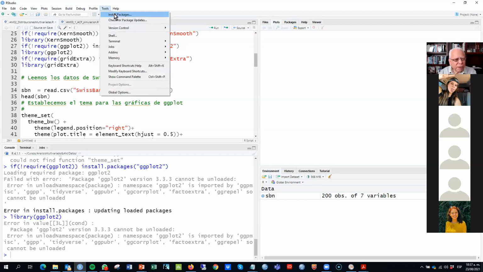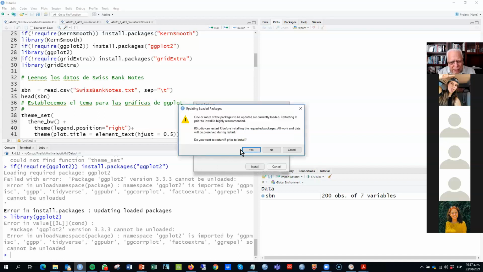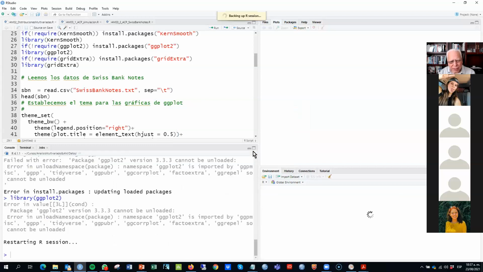When you have problems with the instruction here, you can always try install packages here: ggplot2. Okay. Install. I'm going to say yes now because the package that I tried to download here is not working. It's going to restart R.